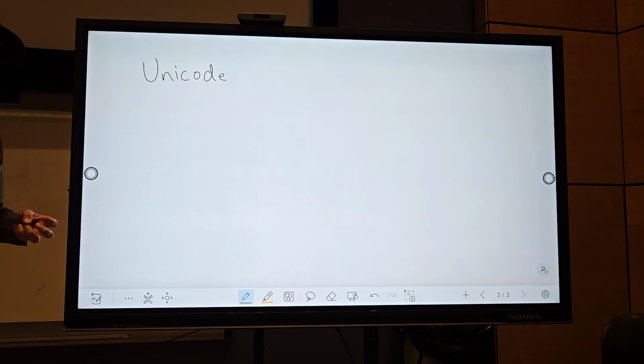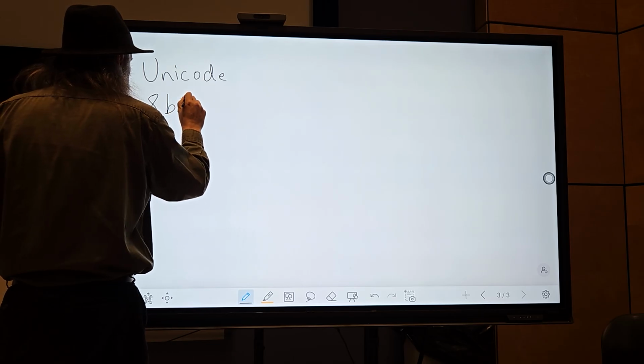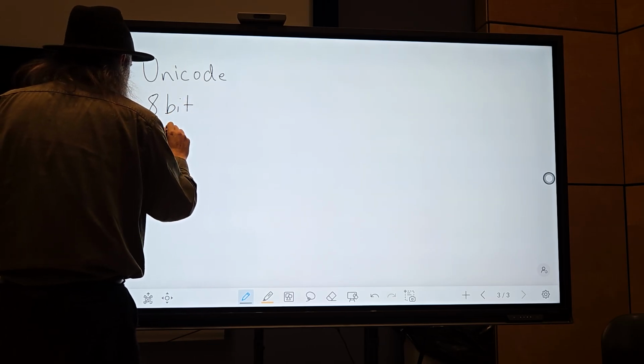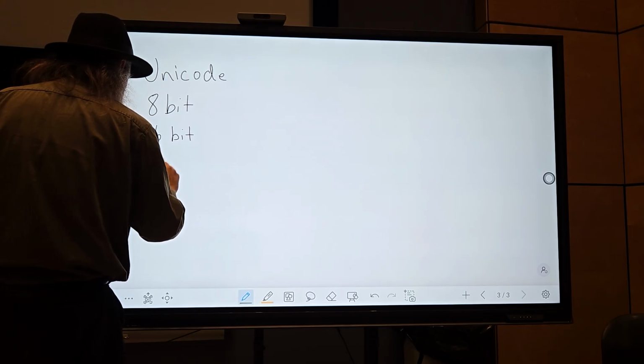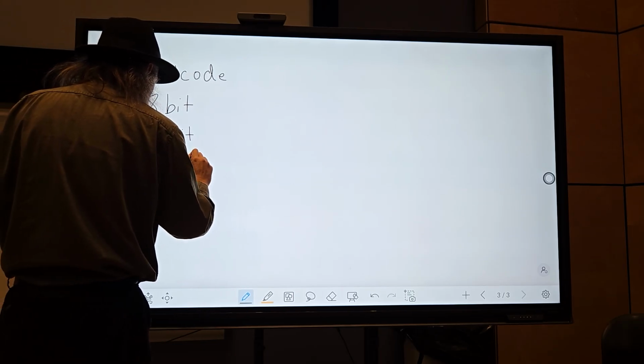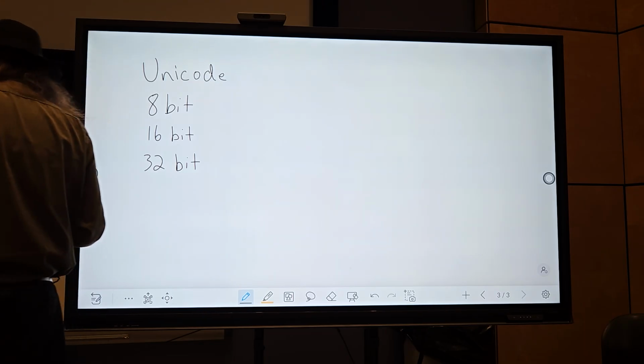Unicode takes into account other languages, other alphabets, other systems of writing. So they have 8-bit, 16-bit, and 32-bit encoding systems for Unicode.